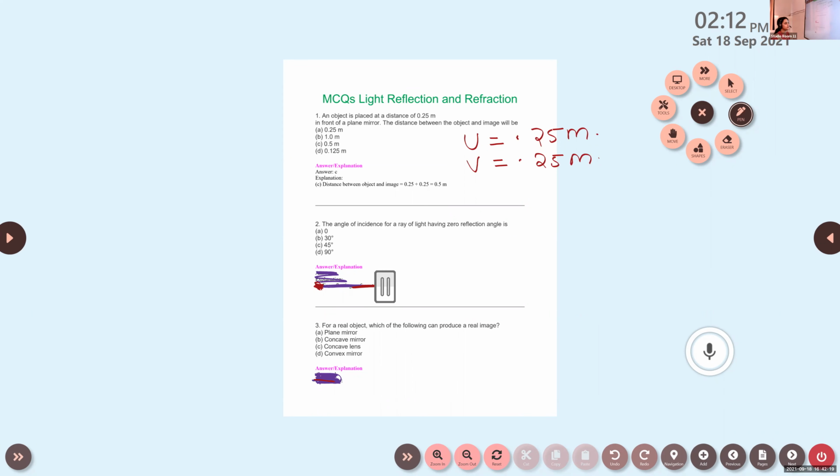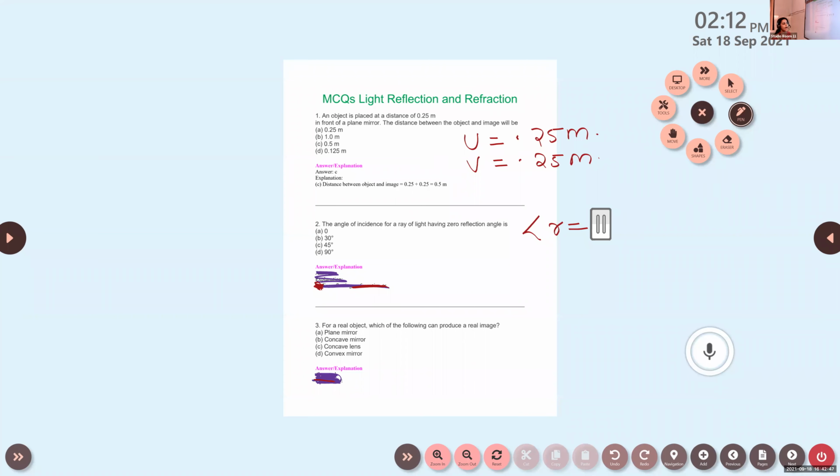Then the second question: the angle of incidence of a ray of light having zero reflection angle is 0, 30 degree, 45 degree, or 90 degree. Zero reflection angle means angle of reflection, angle R, is equal to 0.